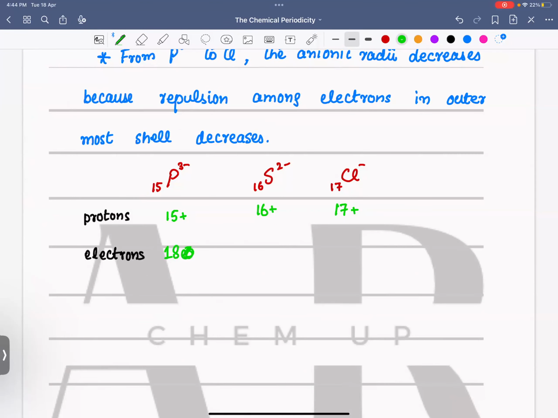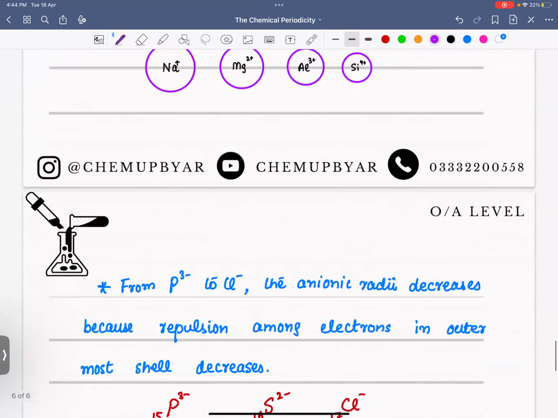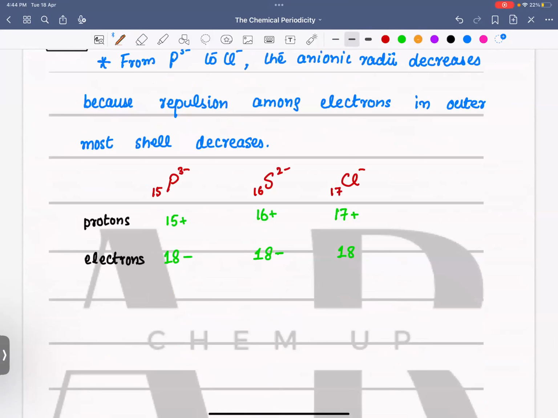So it would be 18 negative. Then it would also be 18 negative, and this would also be 18 negative. So all of them have 18, 18, and 18 electrons, right?